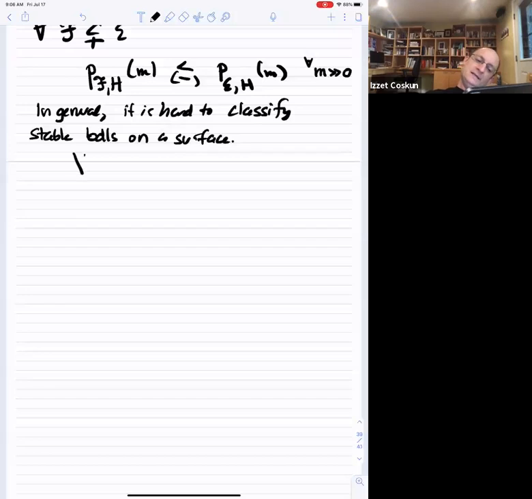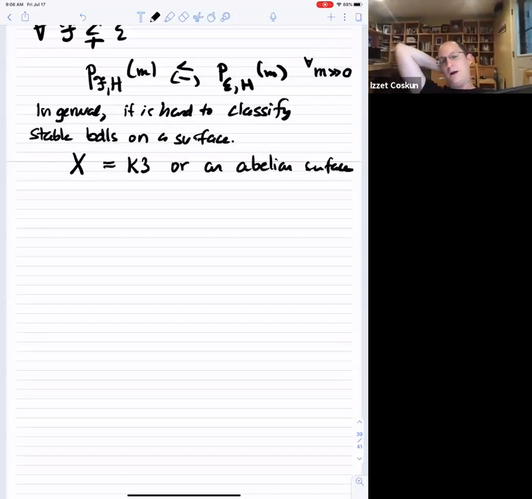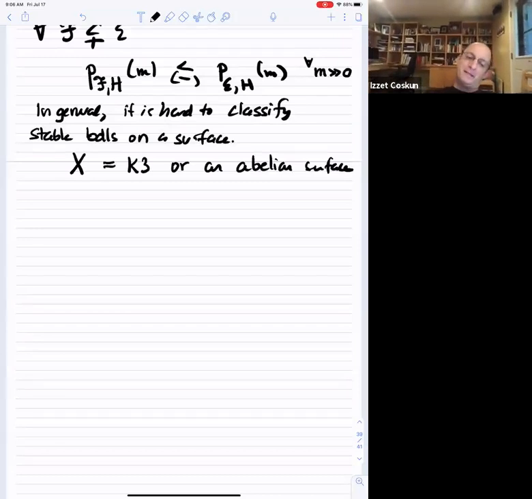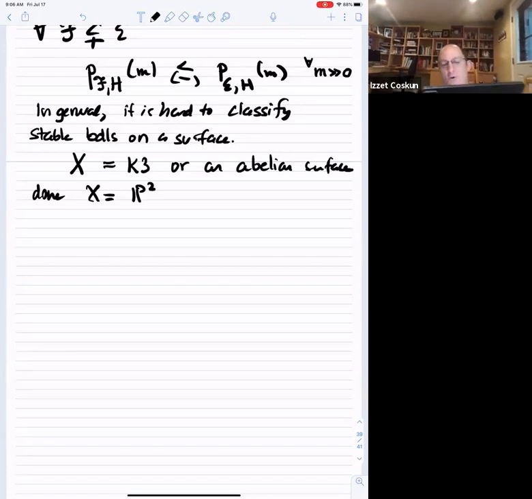It's relatively easy when X is a K3 or an abelian surface. These are usually the easiest cases where the classification is the simplest. And it's done, and I'll explain it to you when X is P2. In general, we know very little.